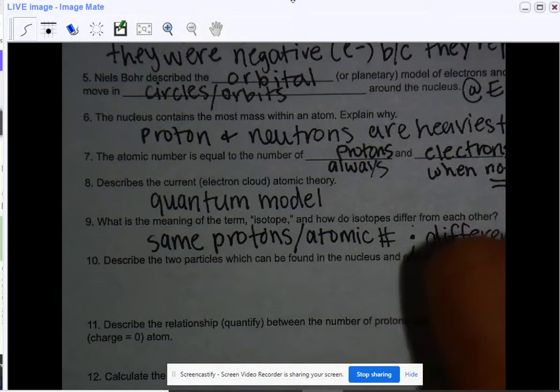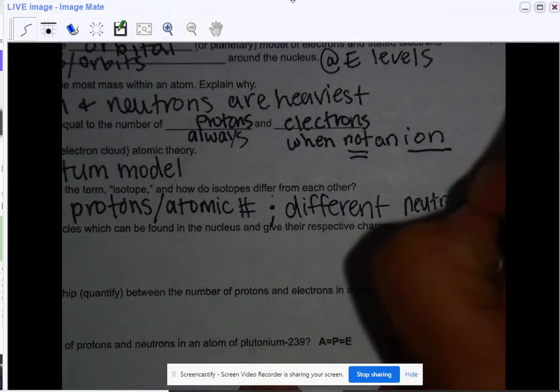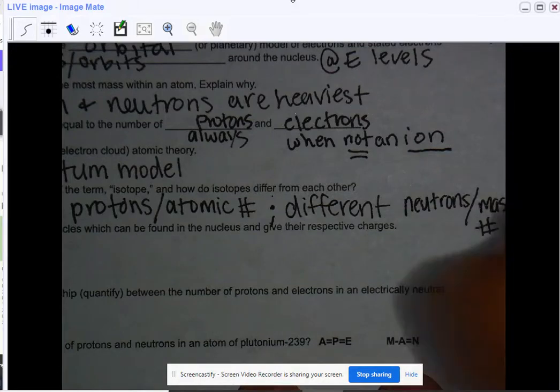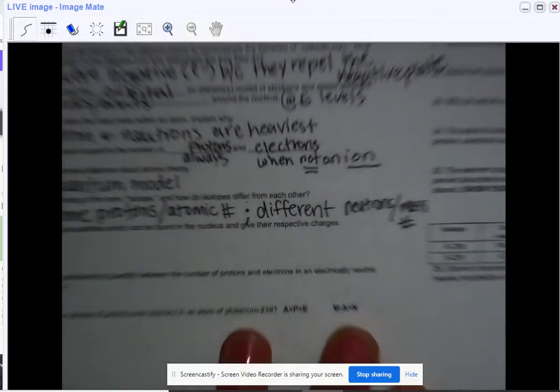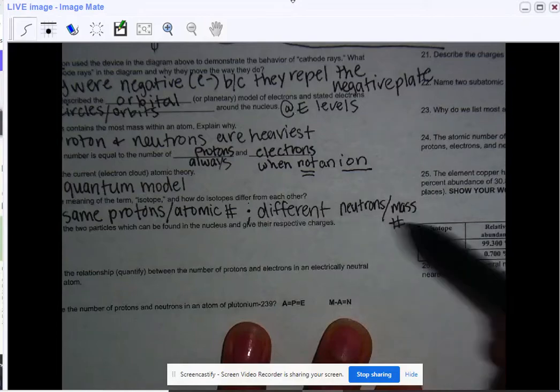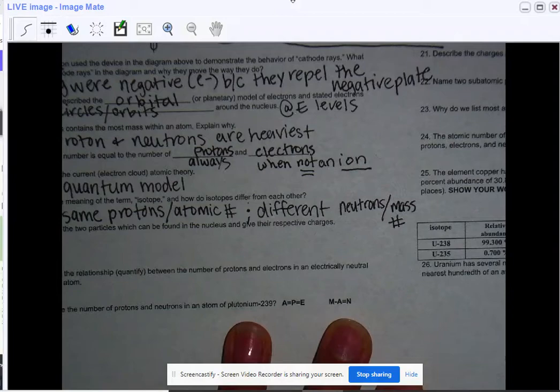Different. What is different? Neutrons, which affects what number? Your mass number. So same number of protons or atomic number, but different neutrons, which means the mass number is different. Okay?